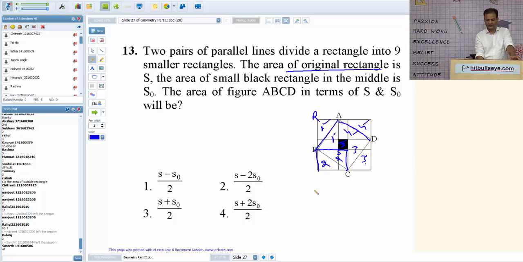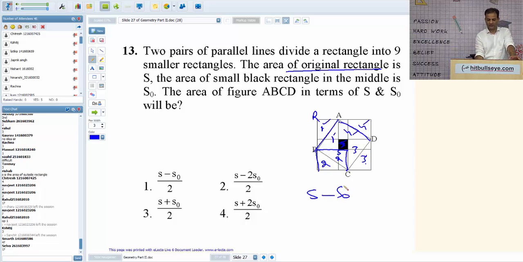That means, can I say S minus S naught, because I have not taken S naught, by 2 will be the area of ABCD. Area of total rectangle minus this portion, by 2, plus S naught, because in this area ABCD, S naught is not included.